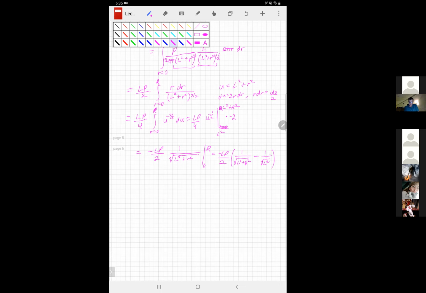Square root of L squared is just L. And the minus sign, I can multiply that in and flip things around. So I get P over 2 times 1 over L minus 1 over square root of L squared plus R squared. Or P over 2 times 1 minus L over square root L squared plus R squared.